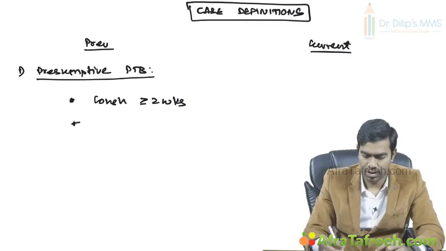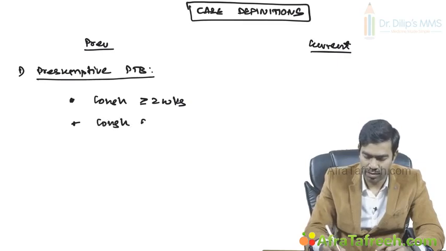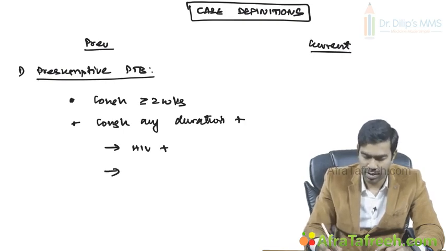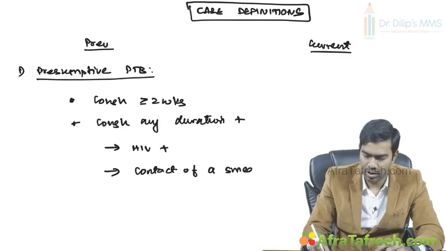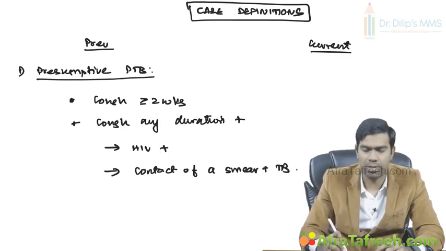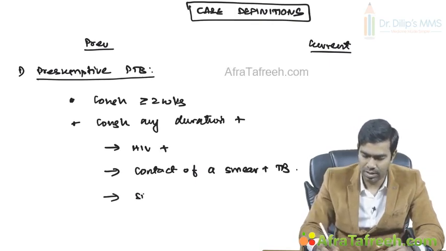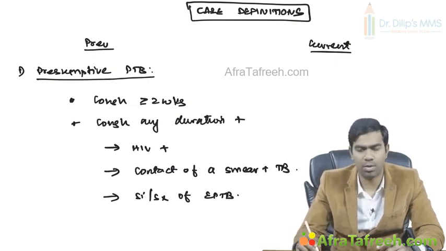Second, any individual with cough of any duration, provided the patient is HIV positive, or is a contact of a smear positive TB case, or any patient who is having signs and symptoms of extrapulmonary tuberculosis, or suspected or confirmed extrapulmonary tuberculosis.